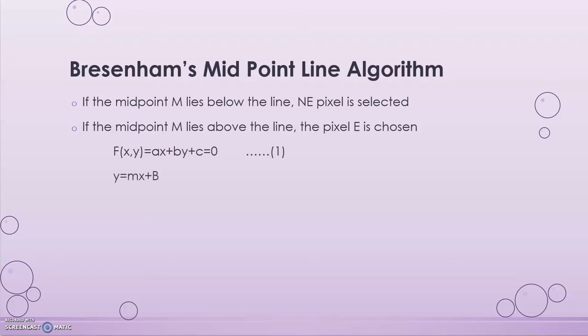We already know the Cartesian equation of the straight line, that is y = mx + b, where m is dy by dx. So y = (dy/dx)x + b. Now dx times y equals dy times x plus b times dx, as we are multiplying by dx throughout the equation.